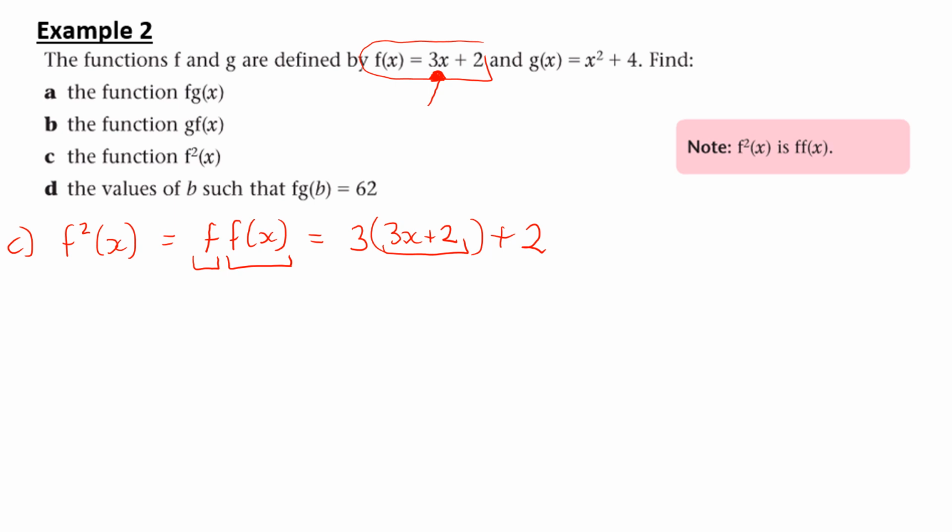Taken first of all x on its own, times it by 3 and added 2. And then that whole result, I've done exactly the same thing again. I've times it by 3 and then added 2. So it's like inserting function f into itself. Just going to expand the brackets then to tidy it up. So that's going to be 9x add 6 add 2, or 9x add 8.